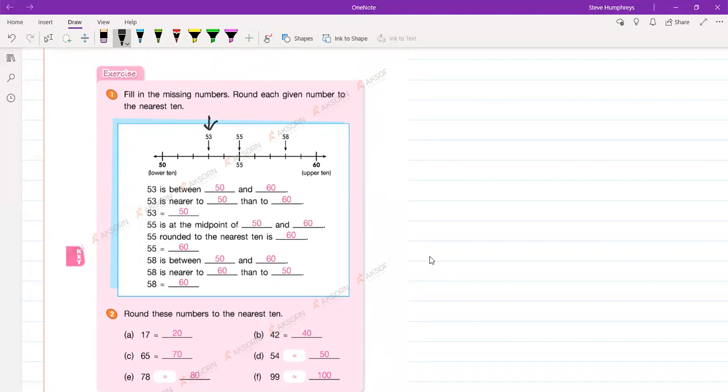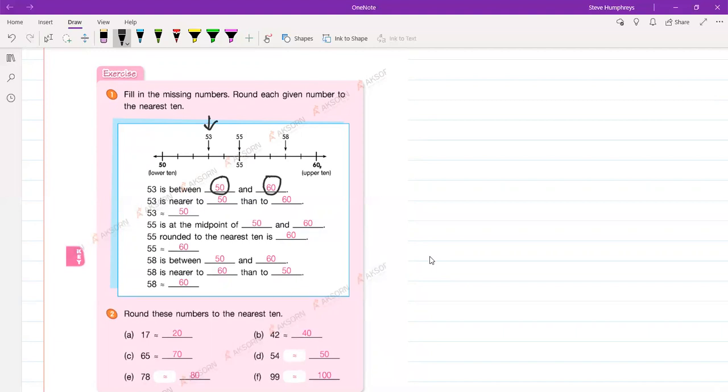We got 50 is your lower 10, 60 is your upper 10. So 53 is the number. It's between, I'll give you this one, 50 and 60.